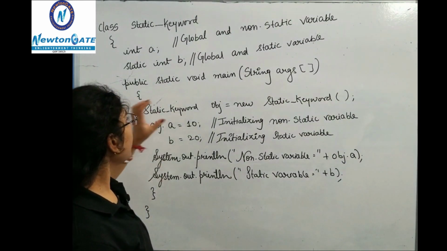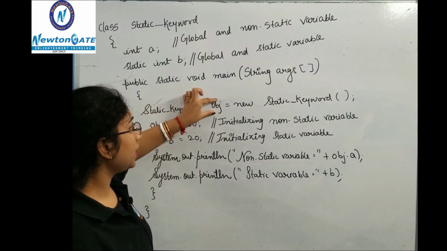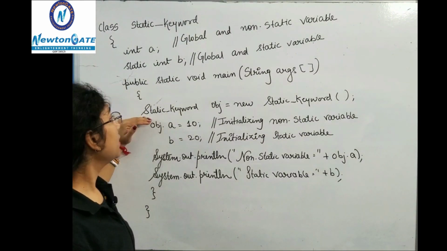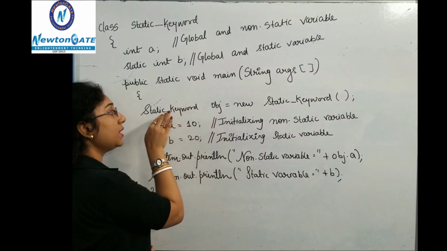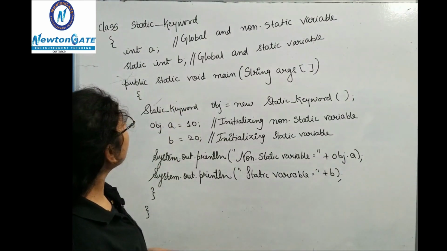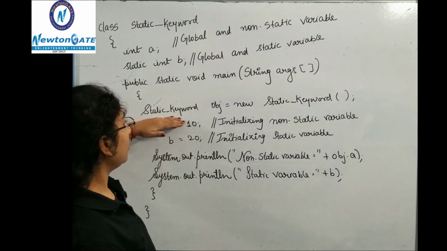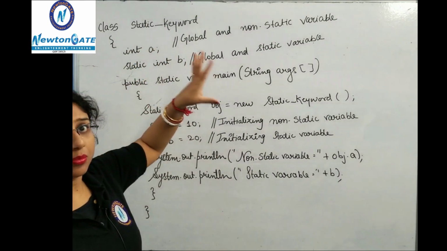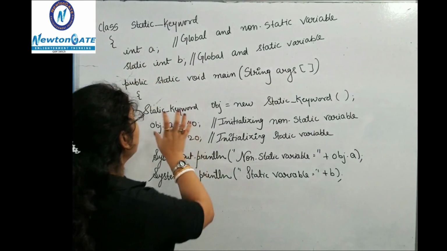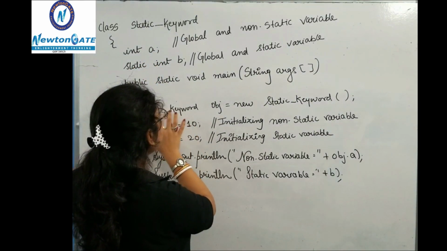Next, I have created an object. Let's see how we can create an object. Firstly, before creating any object, we need to mention the class name. So what is the name of the class? That is static keyword. As we are creating an object for accessing the members of it, that's why I have mentioned the class name.